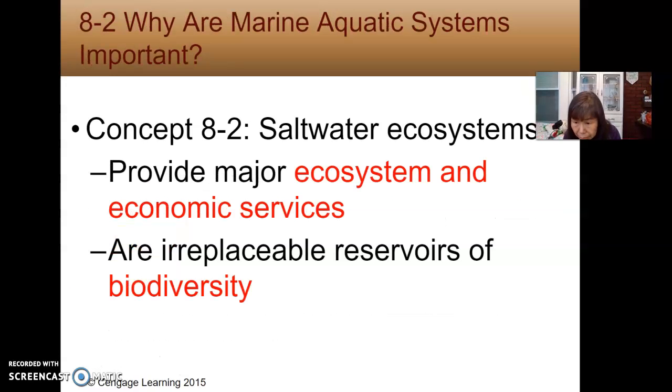Okay. Now we're going to quickly look a little bit at the marine aquatic system. The concept is that seawater ecosystems provide major ecosystem and economic services. And they are irreplaceable reservoirs of biodiversity, meaning no other place can replace the biodiversity they hold.